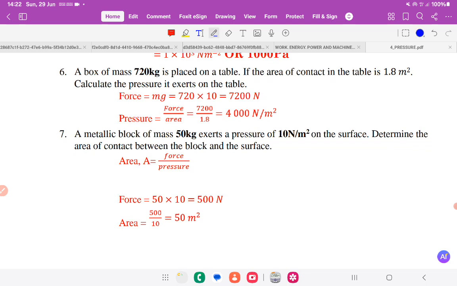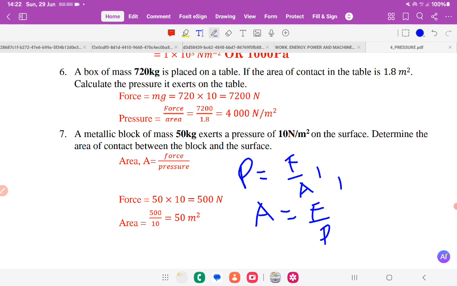So remember, if pressure is equal to force divided by area, you should be able to play around with this equation. In this case, we are asked to find the area. So it follows that area is simply equal to force divided by pressure. That's all you have to do in order to find the area.